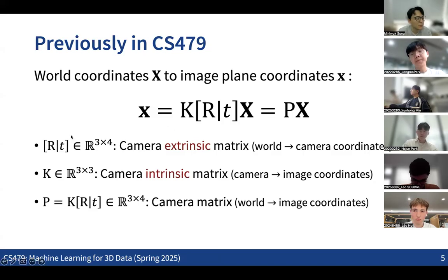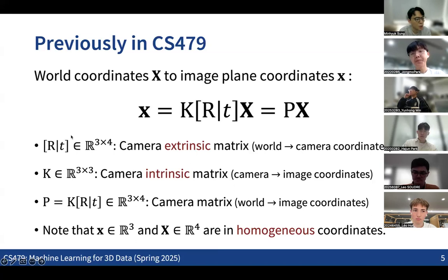To represent all this conversion, we also discussed using the homogeneous coordinate system. As you can see, the camera matrix is represented with a 3x4 matrix, which means that the 3D point is represented with 4-dimensional coordinates, and the coordinates over the image plane are represented with 3D coordinates, because we are using the homogeneous coordinate system, right?